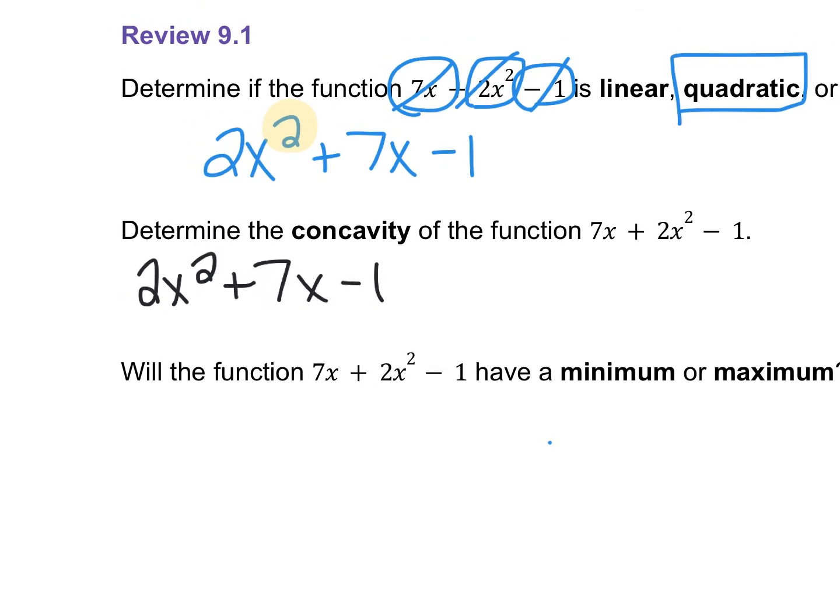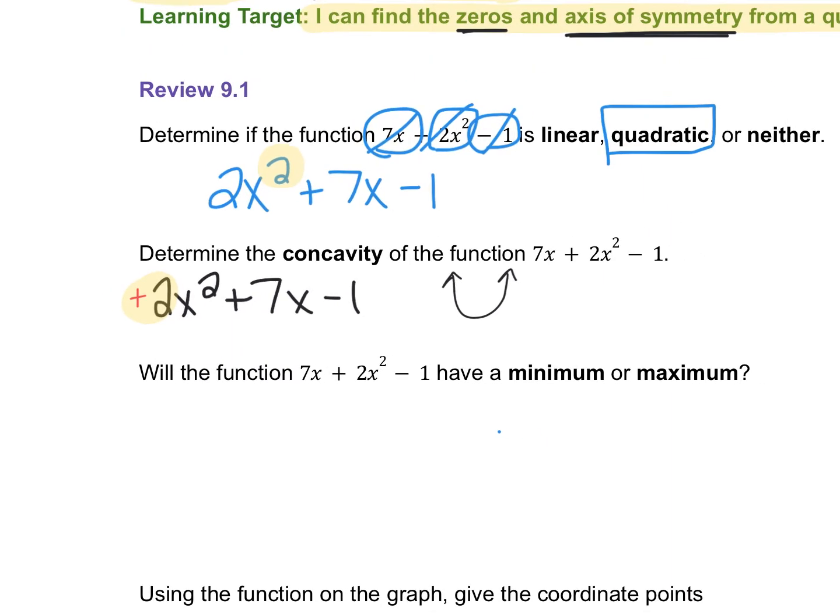When we looked at this, we look at our very front number and we look to see if it's positive or negative. In this case, it is a positive 2, so our arms go up. If our arms are up, it's concave up. So we're going to put concave up.